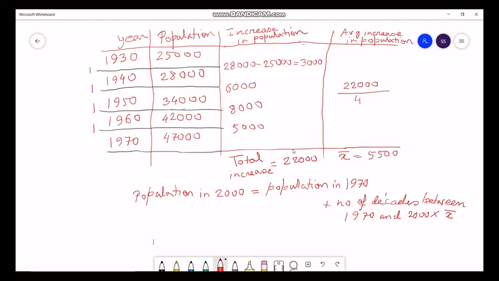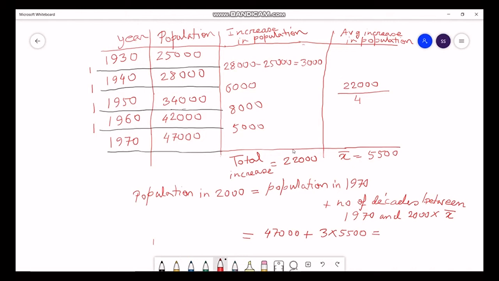So putting the values of population in 1970, which was as per the given problem, that is 47,000 plus the number of decades between 1970 and 2000 is 3 multiplied by X bar, that is 5,500.